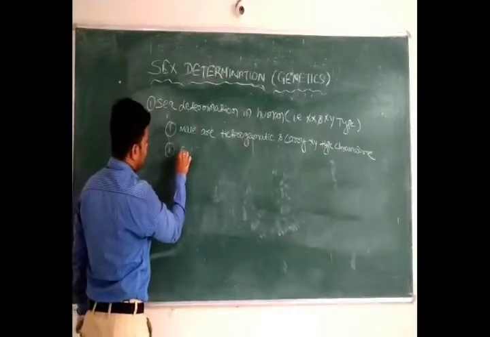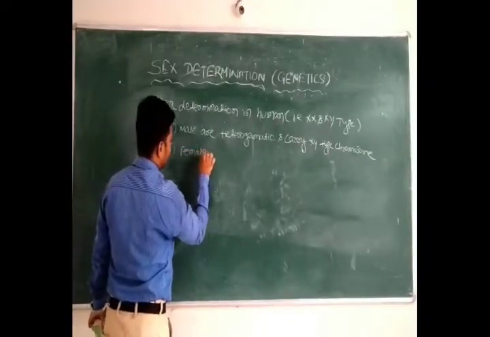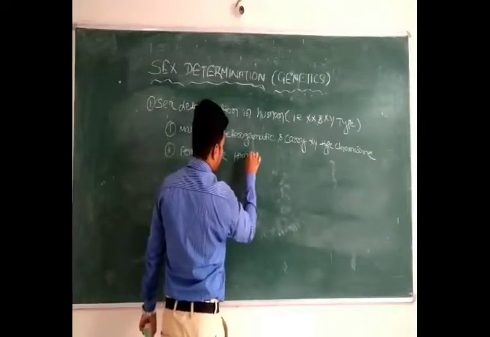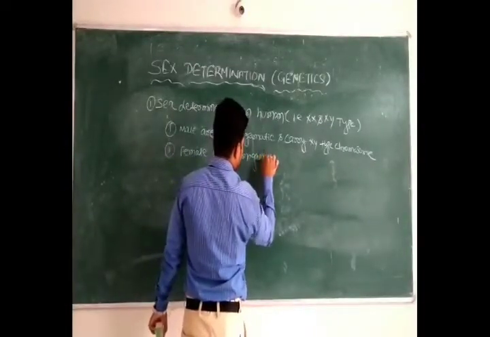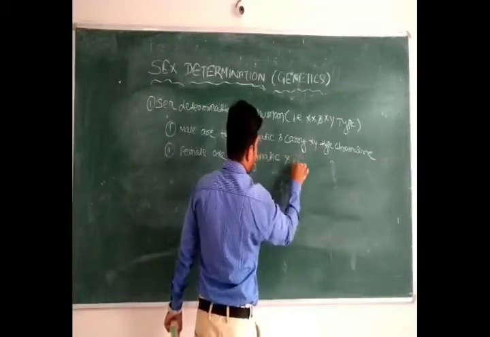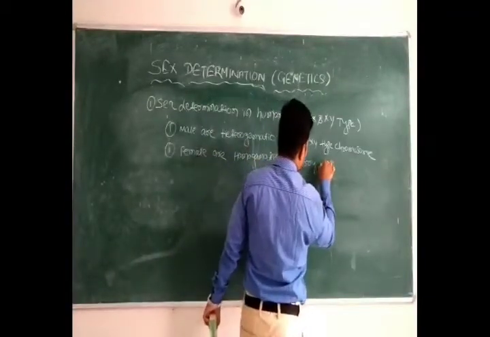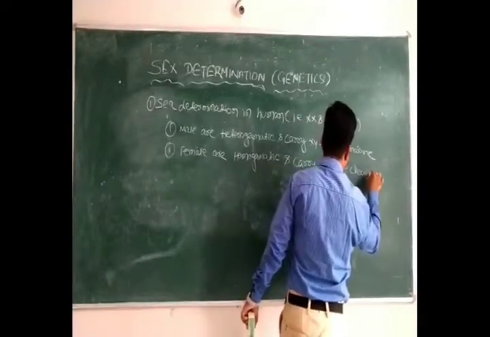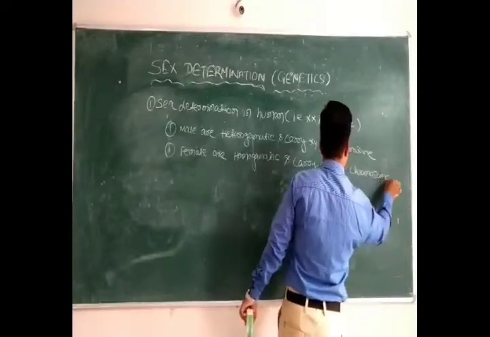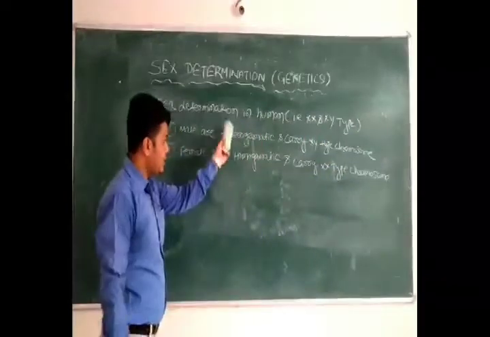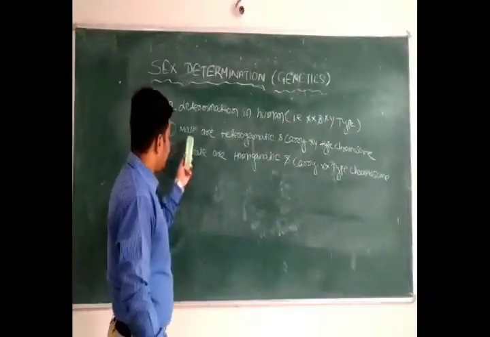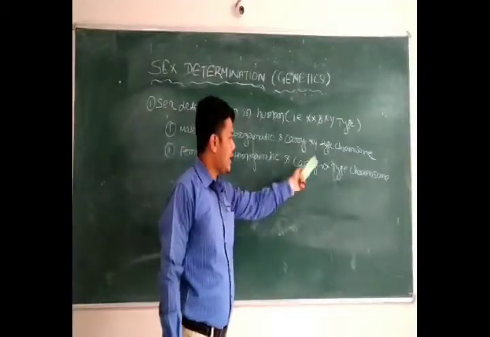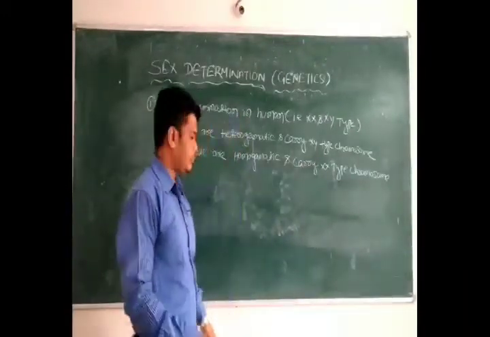And the second one is the female, and female are homogametic, and carry XX type chromosome. In the human body the male are heterogametic in nature and the female are homogametic in nature.